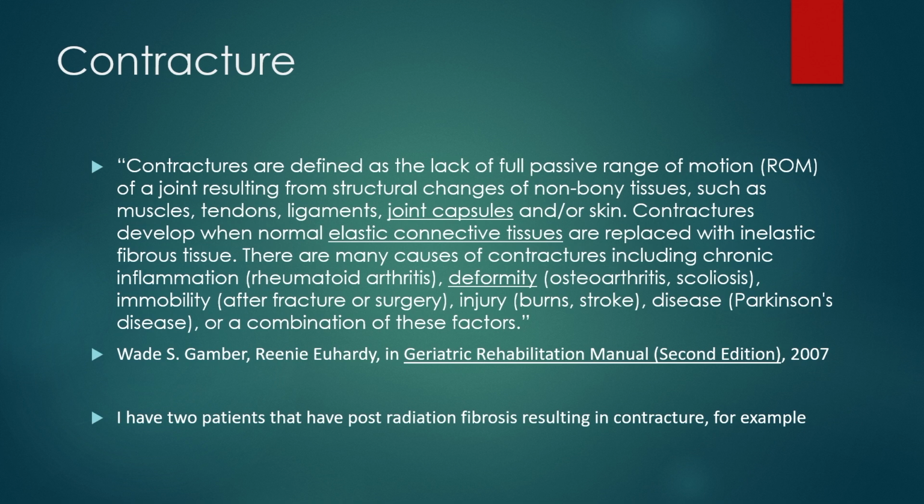Sometimes that can be because of a previous injury where now there's basically scar tissue there that is limiting the amount of movement. Sometimes there is deformity from an arthritic condition that's making it more likely. Sometimes a disease like Parkinson's can lead to this. I actually have 2 patients currently that have contracture, and it's because of post-radiation fibrosis.